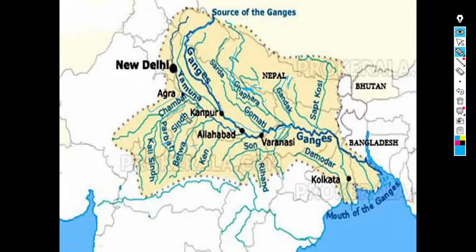Here it is Chambal, Kalisindh, Parvati, Sindh, Betwa, but Ken is different. Betwa, Ken, Son. Here you see Kanpur, Allahabad and Banaras. This is Kolkata, New Delhi.